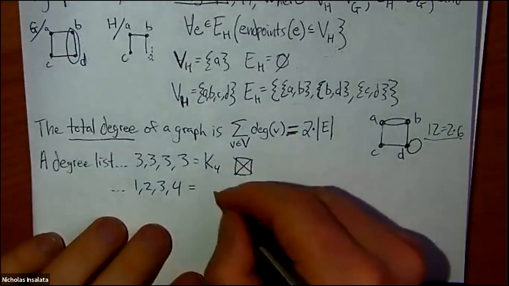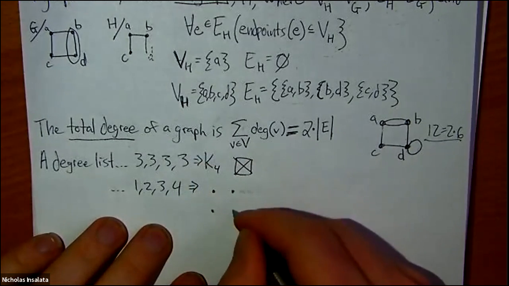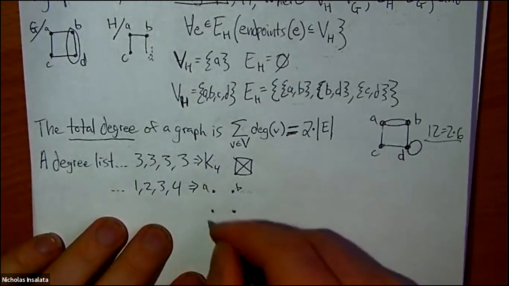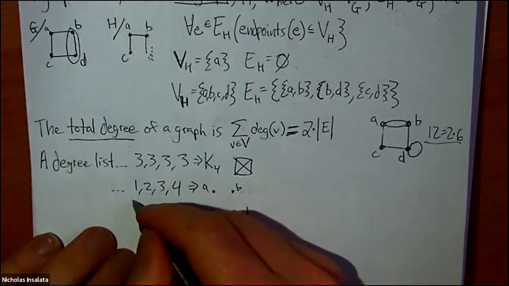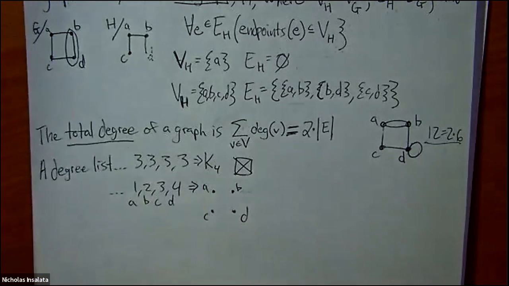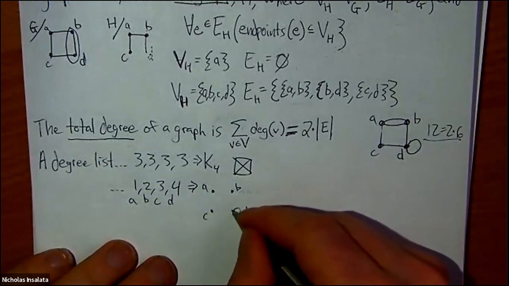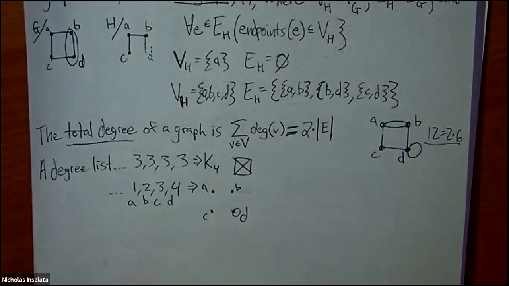So I guess I'm still going to have my 4 vertices here. Let's call them A, B, C, and D. Okay, so let's say A has degree 1, B has 2, C has 3, and D has 4. We need a loop on one because something has degree 4. Okay, so you're saying D has to have a loop on it if D is the degree 4 one. Okay, that's fine. What else are we going to throw in here?